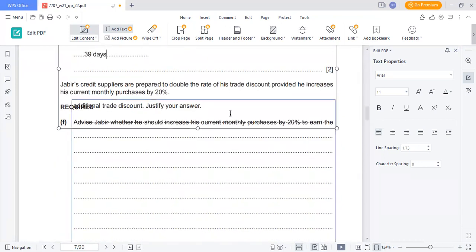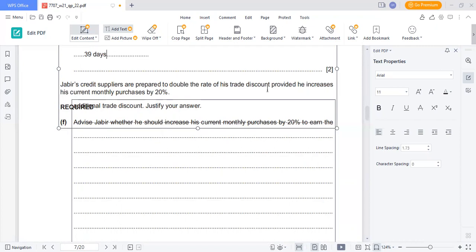Jabir's credit suppliers are prepared to double the rate of his trade discount provided he increases his current monthly purchases by 20%. Advise Jabir whether he should increase his current monthly purchases by 20% to earn the additional trade discount. Justify your answer. So if he increases his monthly purchases by 20%, he'll get trade discount.